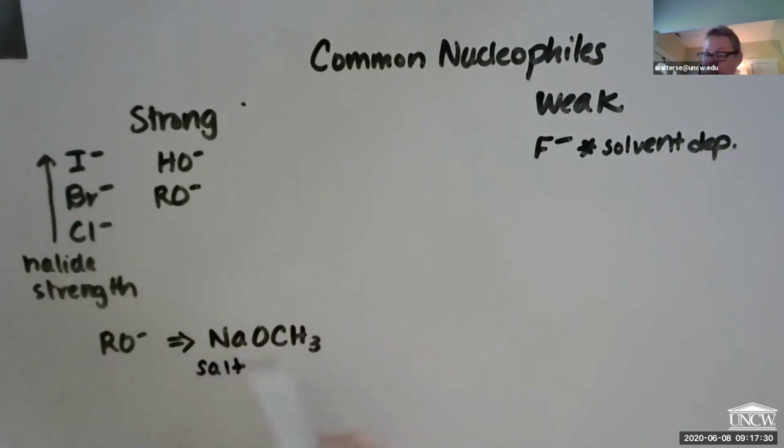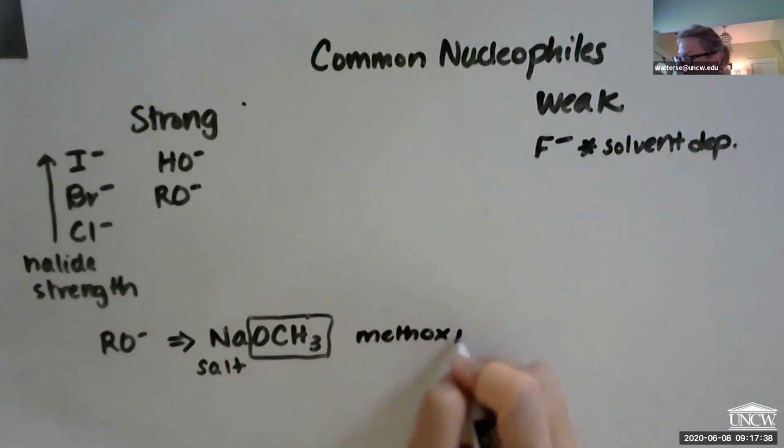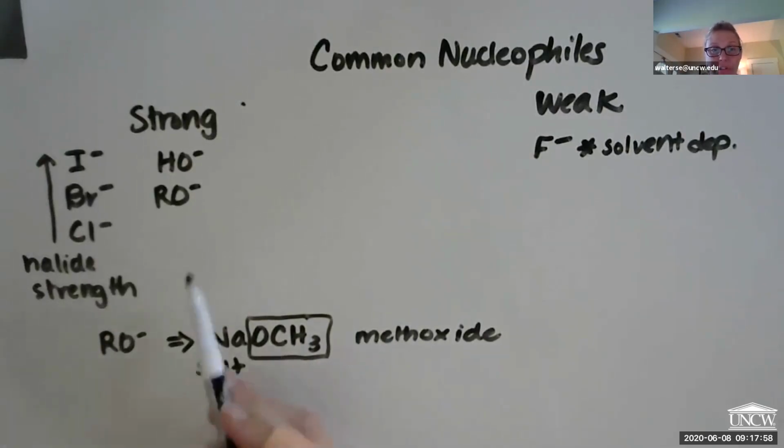Again, you always ignore the cation, and what you end up with, this would be called methoxide. You could use ethoxide. You could just have a carbon chain here. It could be branched like tertiary butoxide. They look like deprotonated alcohols. They're the conjugate base of alcohols, but you can't use an alcohol to generate this species. You have to use a salt. So R is just some hydrocarbon chain attached to a negatively charged oxygen.